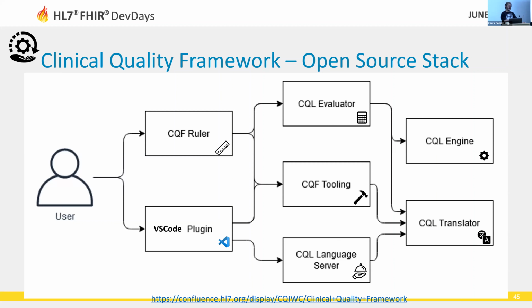And then we have extensions of the HAPI FHIR server that can take all these components and run this content inside a HAPI FHIR server. If you're going to the Let's Build session next, this is the stack that we'll be using to do that.